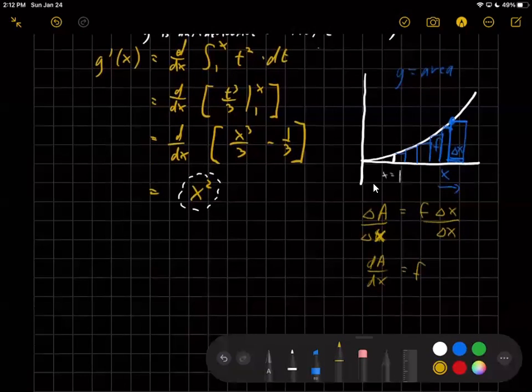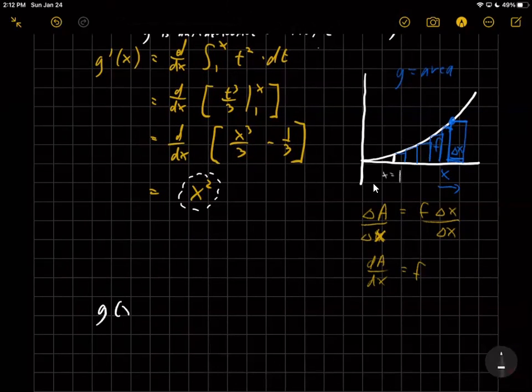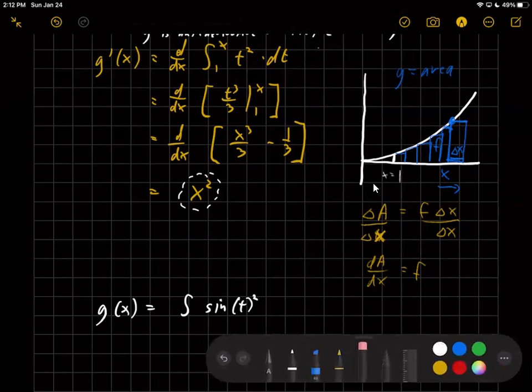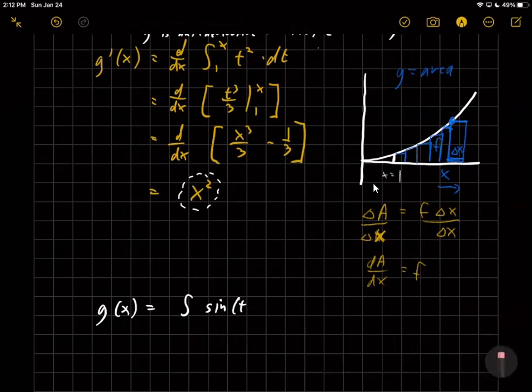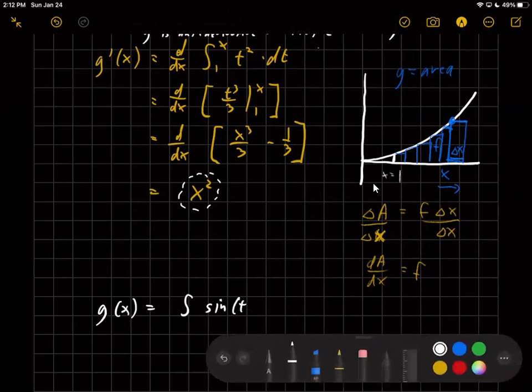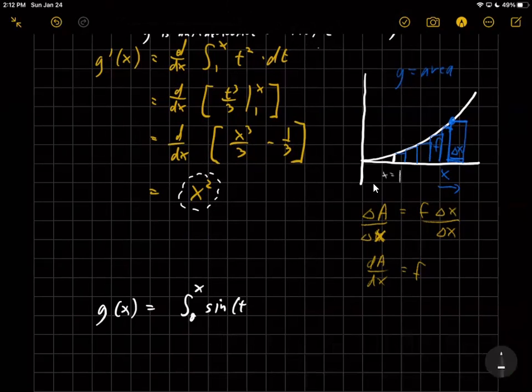So let's go on to another example here. Let's say that g of x is equal to the integral from 0 out to x of the sine of t squared with respect to t.